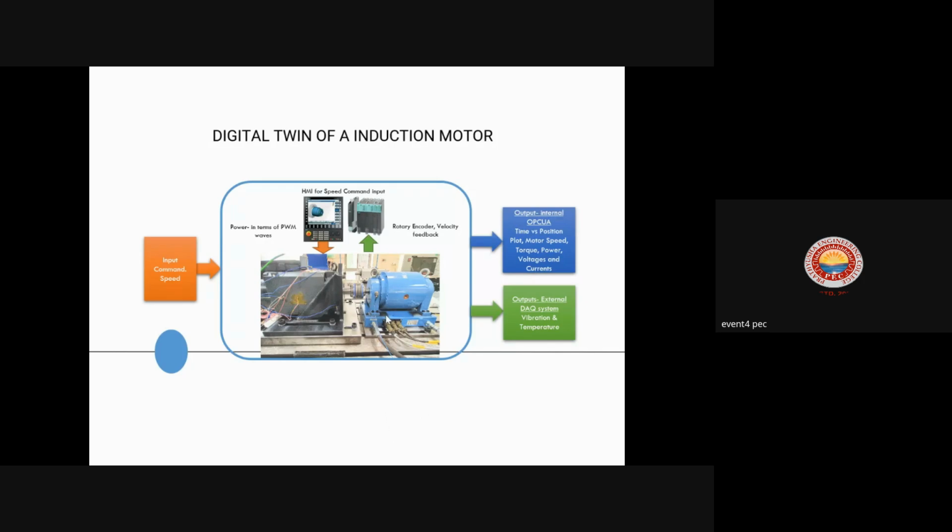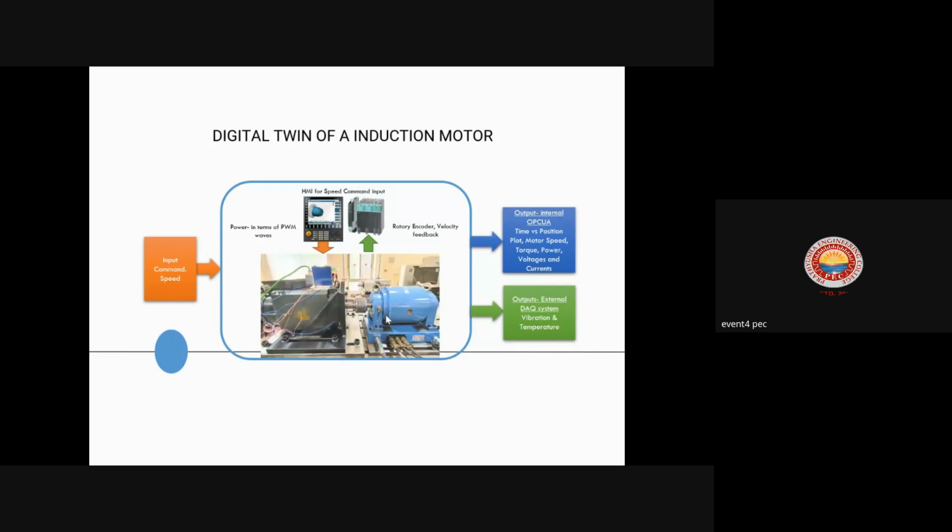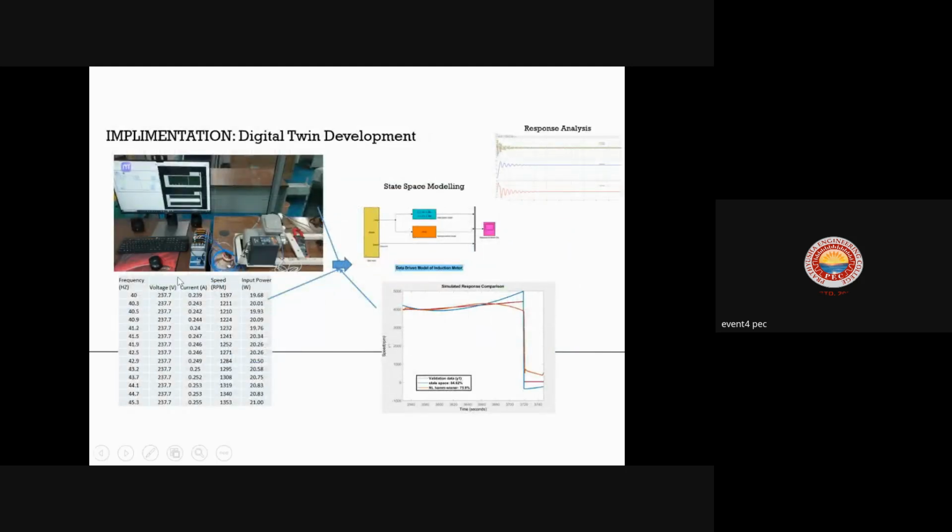From that we can superimpose them and understand how they compare, the data from our mathematical model against the actual motor running, and whether they have a similar correlation or not. Based on that, one can predict the maintenance schedules that are required.